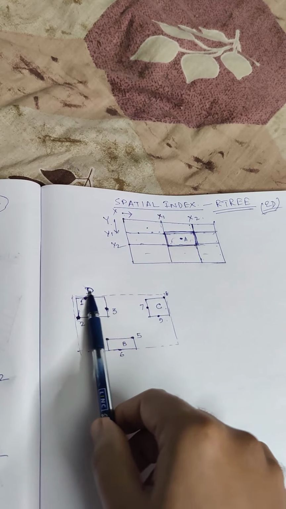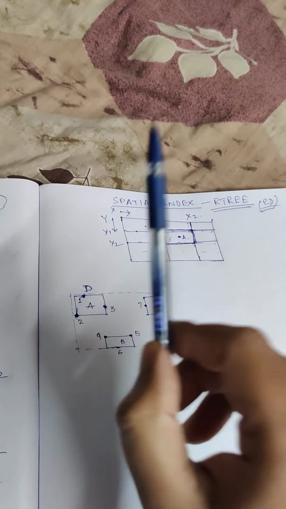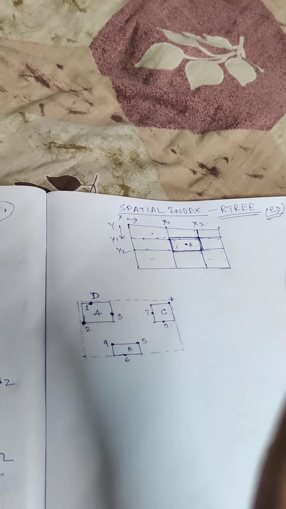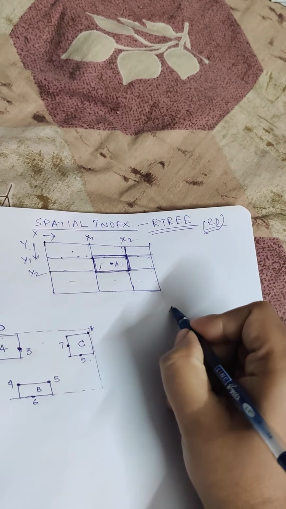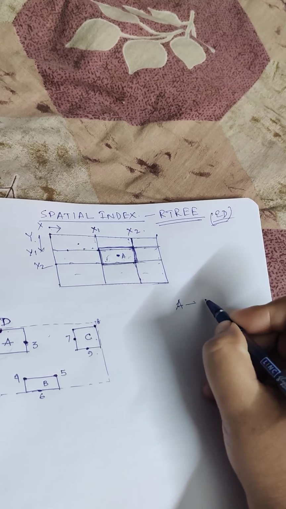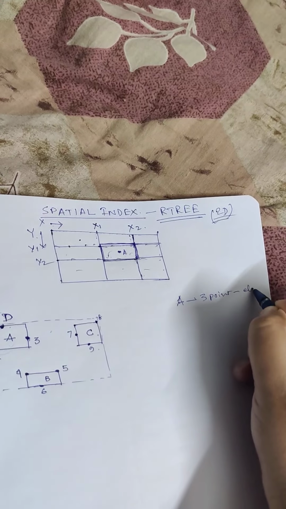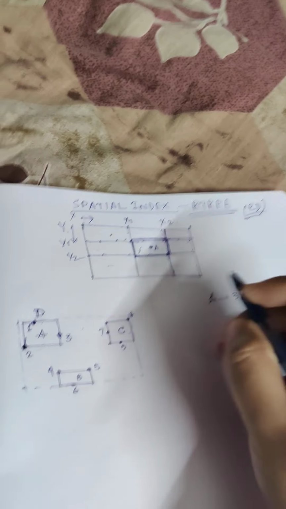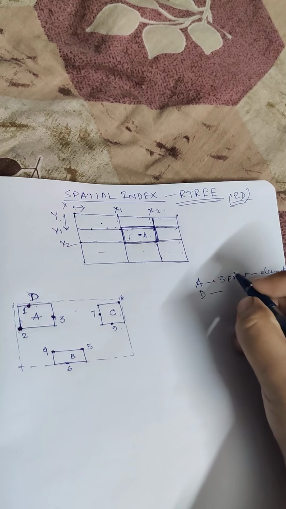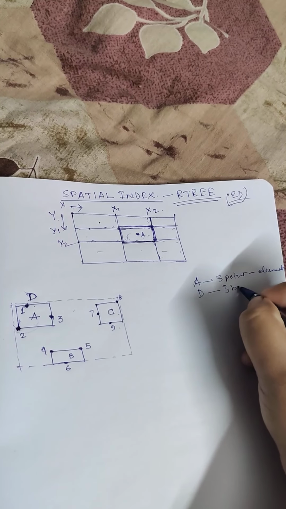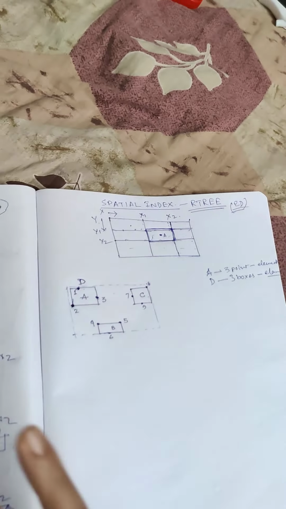If you consider box A, it has 3 points, which I'm calling elements. Similarly, box D has 3 boxes as elements.